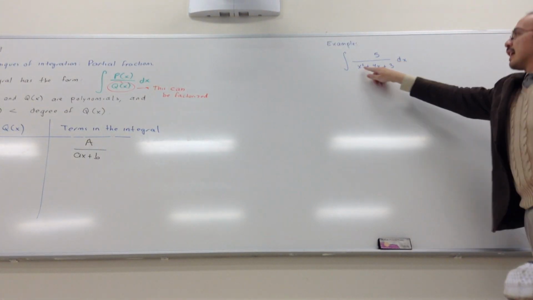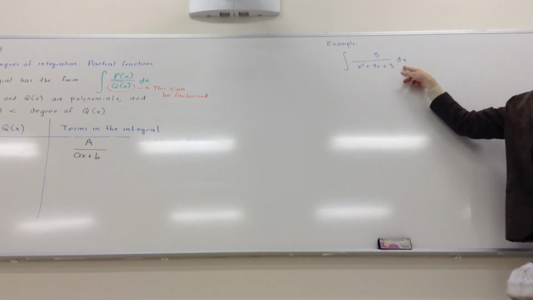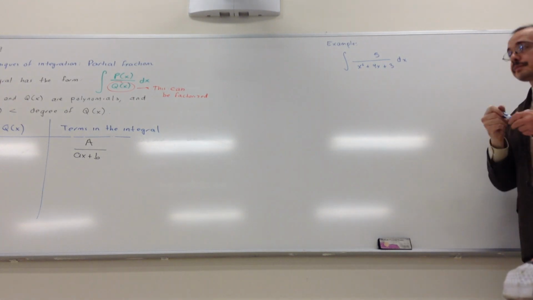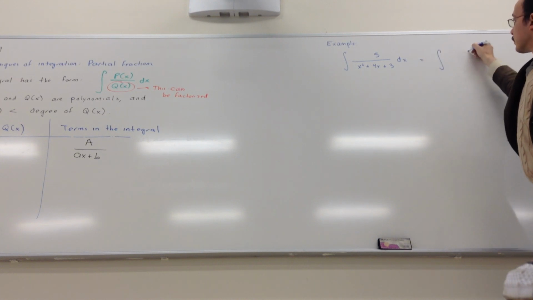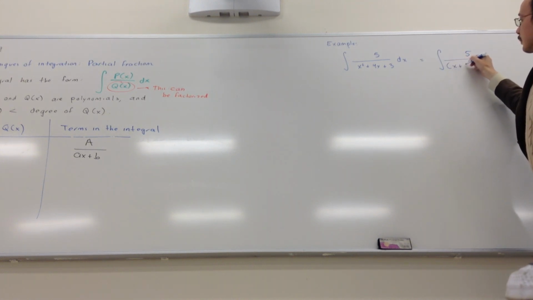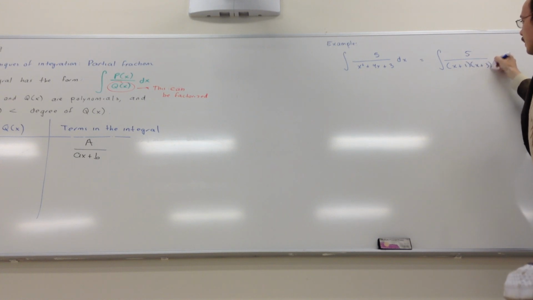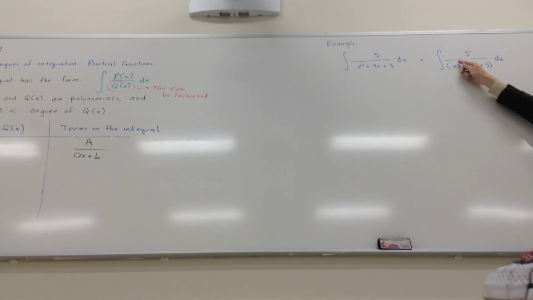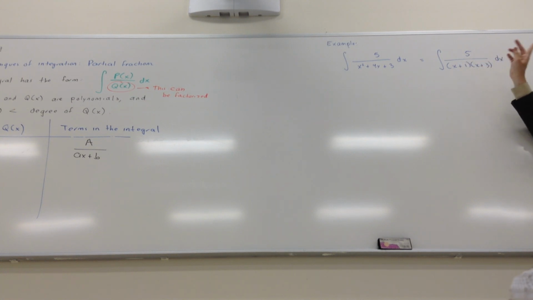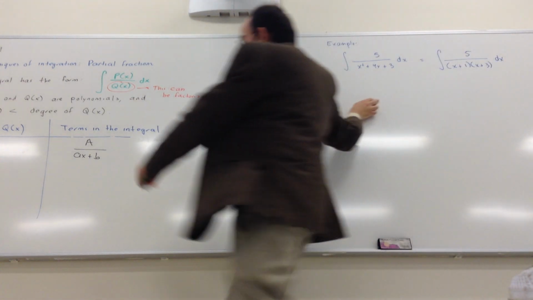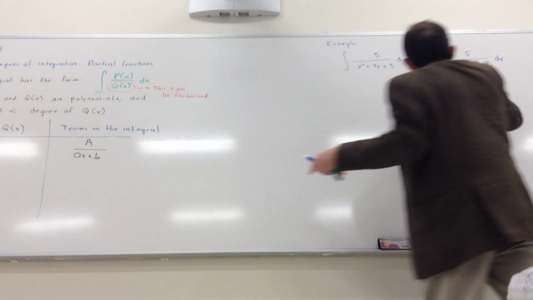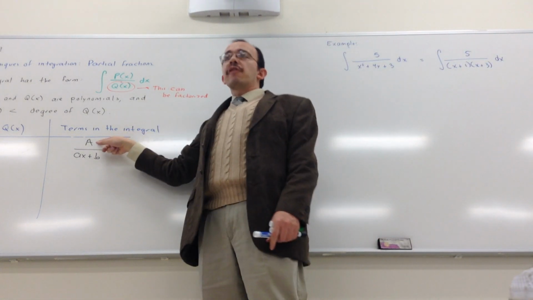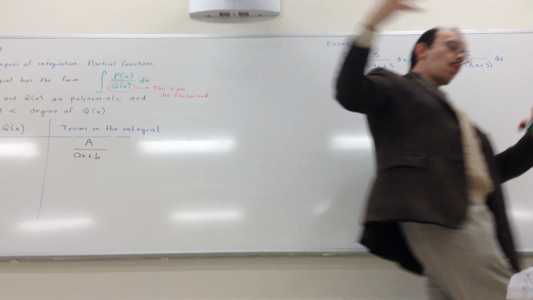Imagine this one. Can I factor this trinomial? Yes. In this case, I factorize it into two binomials. Both are linear factors. What do I mean by linear factors? That the degree of each one of the factors is 1. Now, if you want to separate, for every factor that I have, I'm going to put a coefficient: A, B, C, whatever.